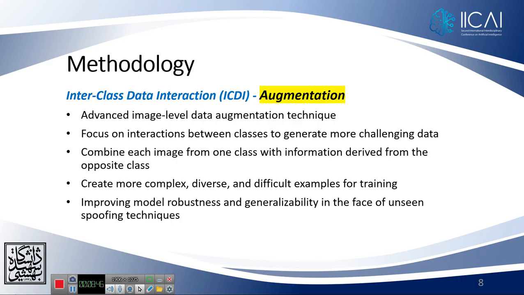This is an advanced data augmentation technique, but it is fundamentally different from traditional augmentation. It focuses on cross-class interaction, blending information between real and fake images. For example, we take an image from one class, a real face, and combine it with information derived from the opposite class, a fake face.